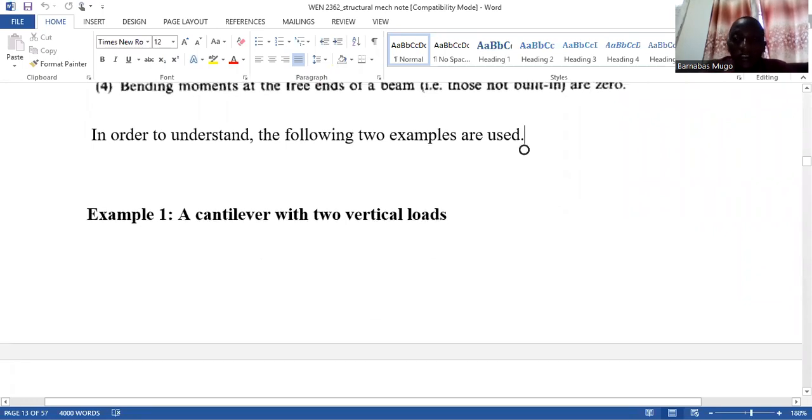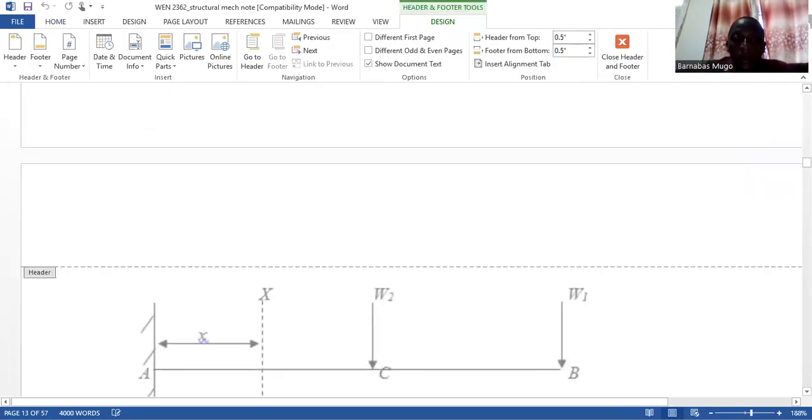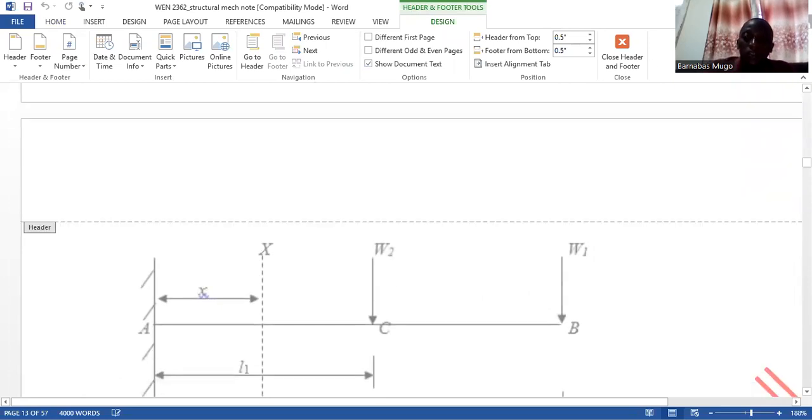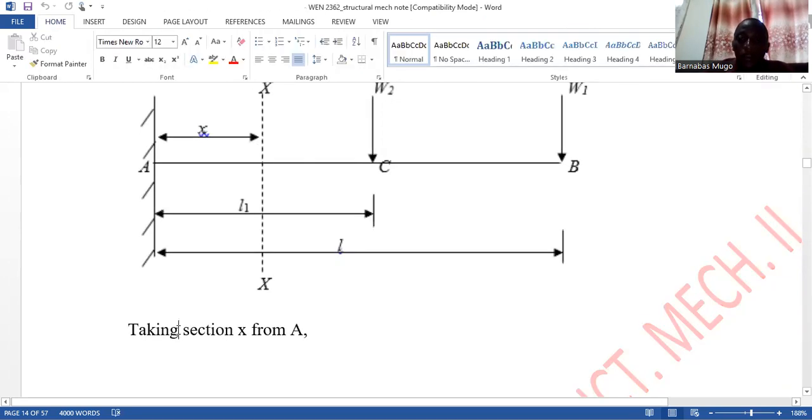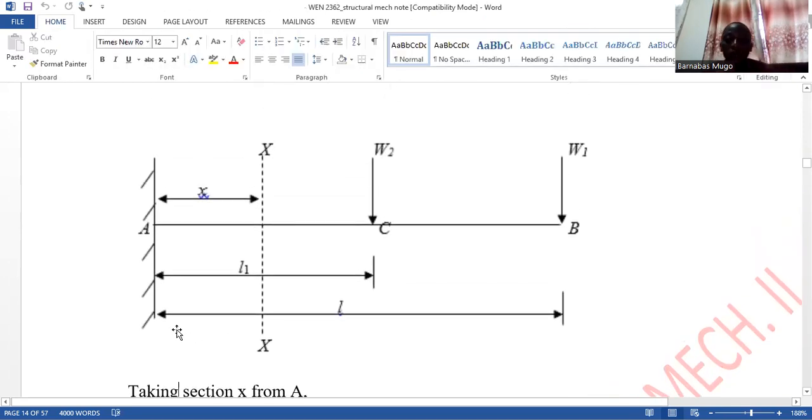In order for us to understand fully, we need to come up with certain equations. This is a cantilever beam, and in this cantilever beam you can see that we have a section XX.